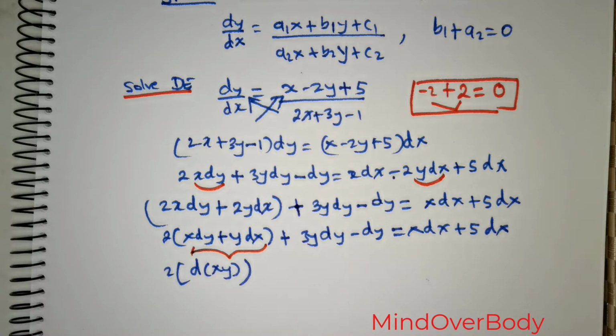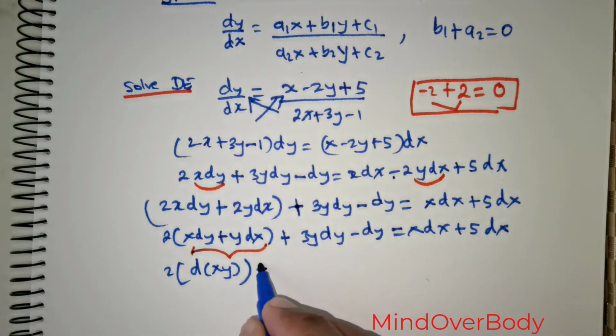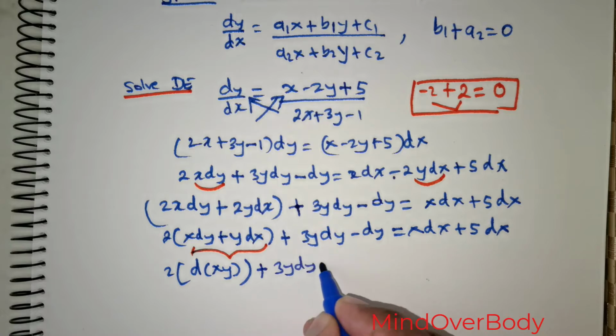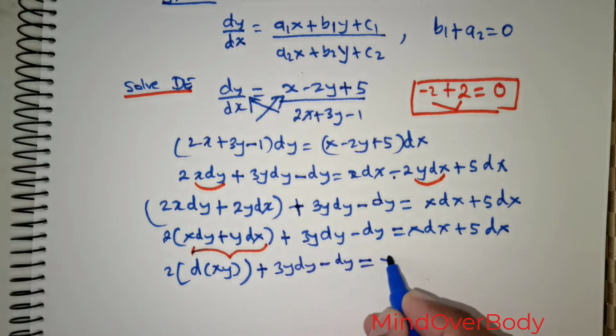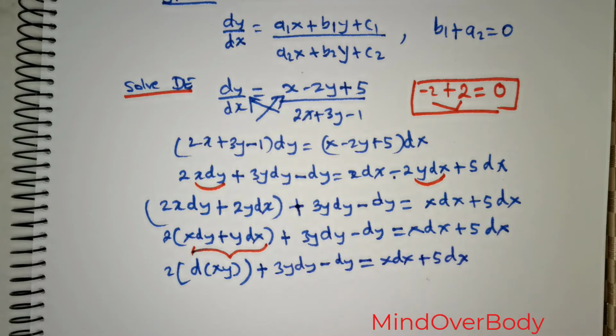Because when you differentiate xy, you're going to apply the UV method. If you apply the UV method, this is exactly what you will get, followed by 3y dy - dy is equal to x dx + 5 dx.